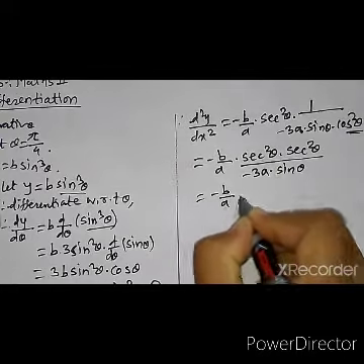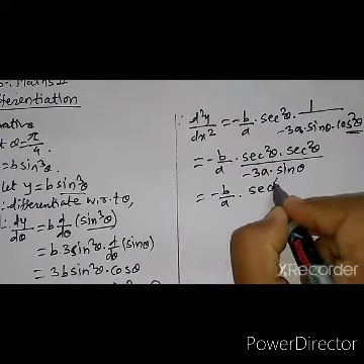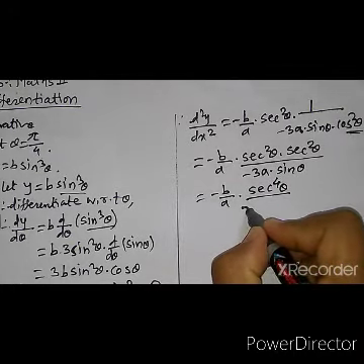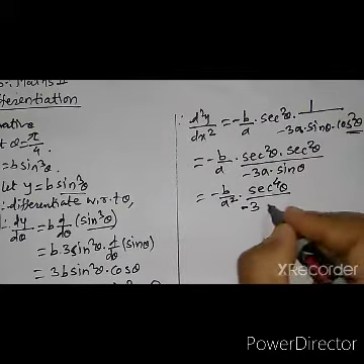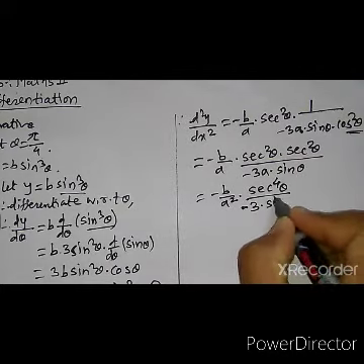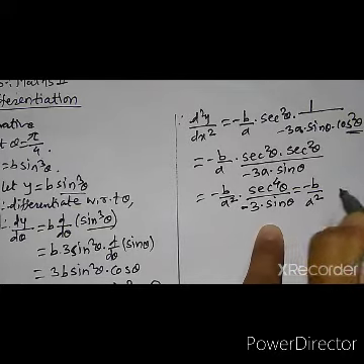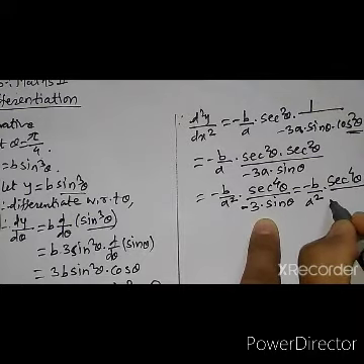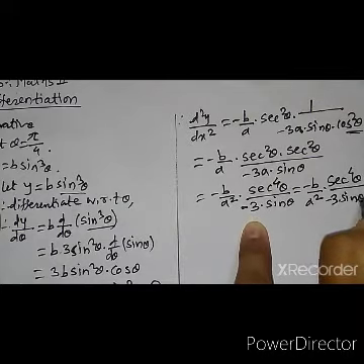So minus b upon a into sec square theta into sec square theta, that is sec raised to 4 theta, upon minus 3, here a into a is a square, 3 into sin theta. That is minus b upon a square, sec raised to 4 theta upon minus 3 into sin theta.